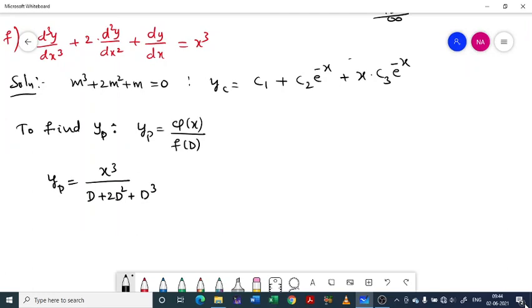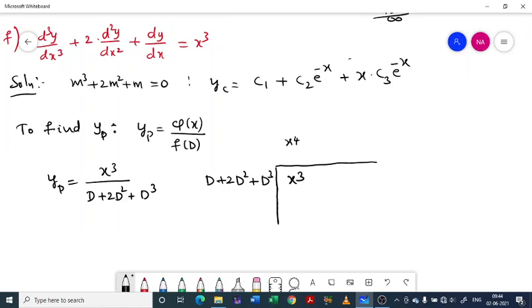Now here, x cube divided by d, that is you have to integrate x cube.